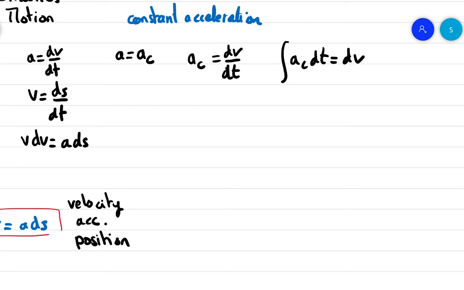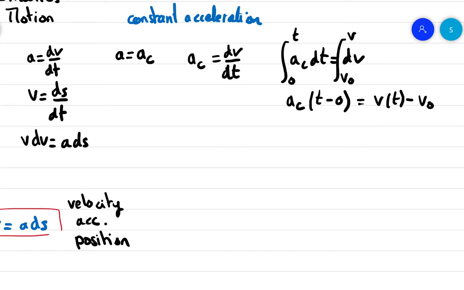And I will take the integral on both sides. So on the left, a_c dt gives us a_c times t, between t and 0. And on the right, it's between v naught and v. And it gives us v of t minus v naught.